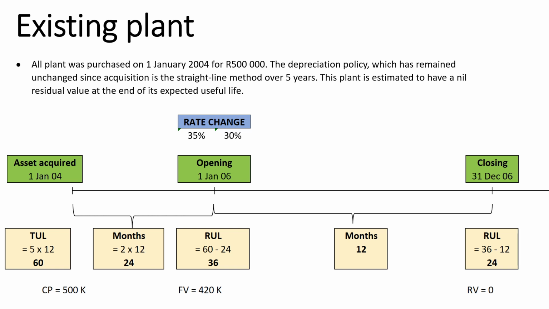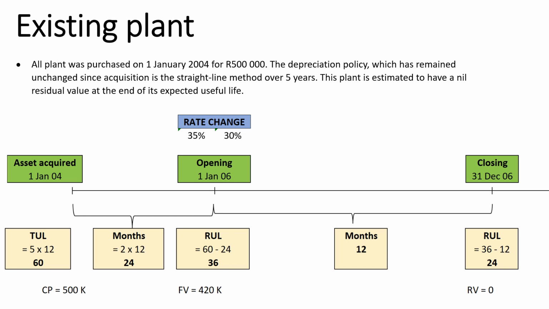Thus, the beginning of your year is 1 Jan 06, which means that from 1 Jan 04 up until 1 Jan 06, you've held the asset for 2 years or 24 months. Thus, at the beginning of the year, your remaining useful life is 36 months. And at the end of 31 December 06, your remaining useful life will be 24 months.